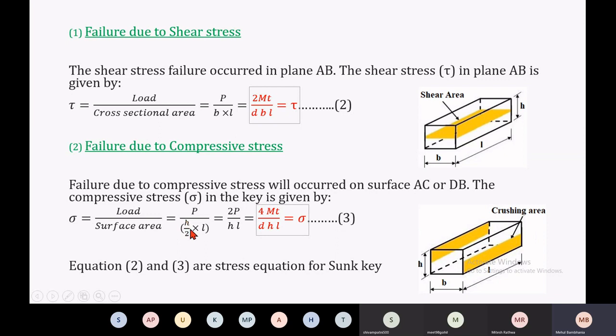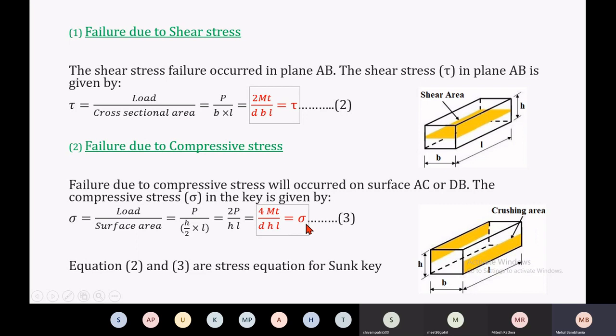So h by 2 into L gives the surface area, the cut section area, on which the compressive stress is acting. Now when you open this P in a similar way, Mt by d by 2, 2 multiplied with 2 will become 4. So your equation becomes 4Mt divided by dhL.